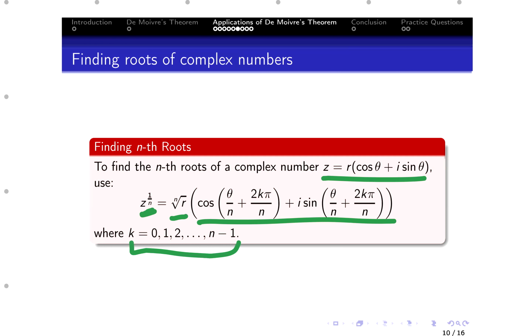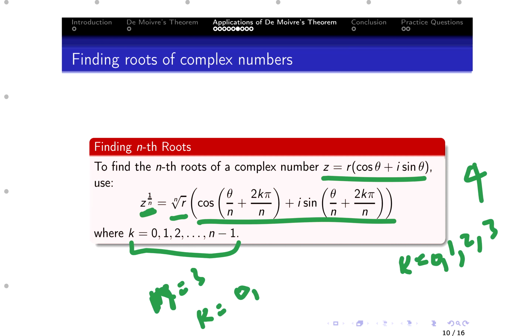So if you're looking for the fourth root, your k would be 0, 1, 2, 3. If n is 3, then k would be 0, 1, 2. That will give you the results you need, because third root means you're looking for 3 things, fourth root means you're looking for 4 things, but then you start from 0.